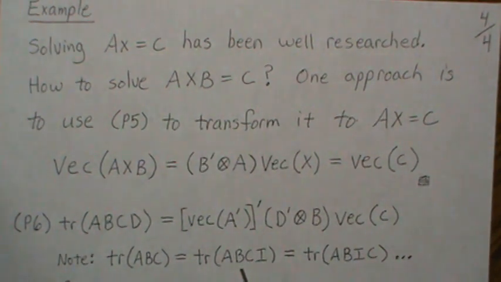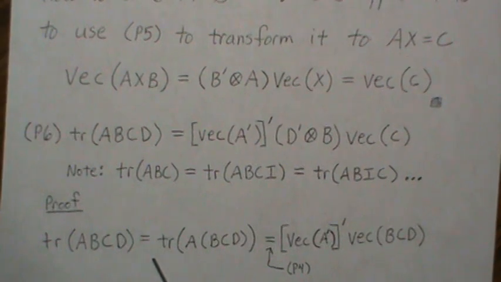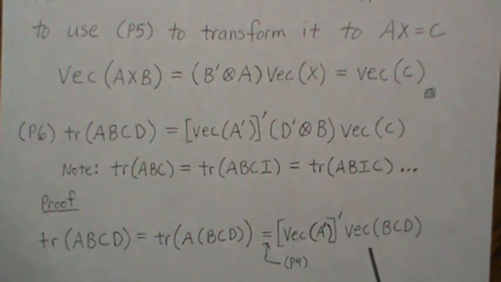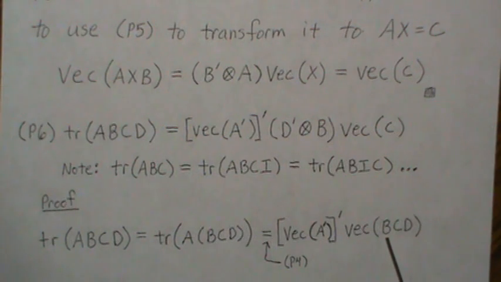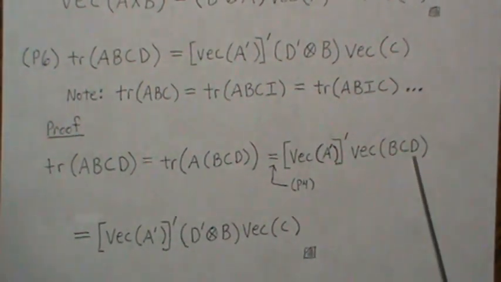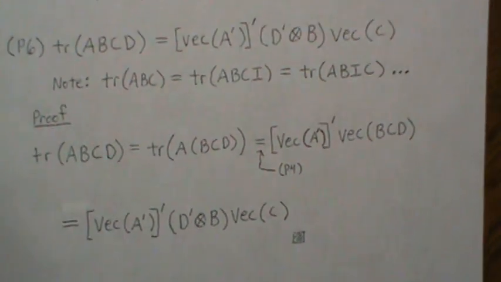But then with this, you can use this property, and the identity can be in any one of those positions. To prove this, the trace of ABCD can be thought of as the trace of A times this matrix. Then by property 4, it's the vec of this times the vec of this. But by property 5, we just showed the vec of these three matrices is this. And so we're finished. That's what we wanted to prove.